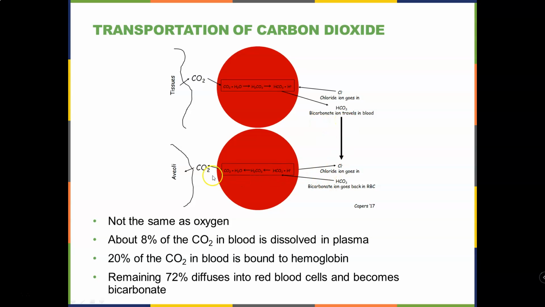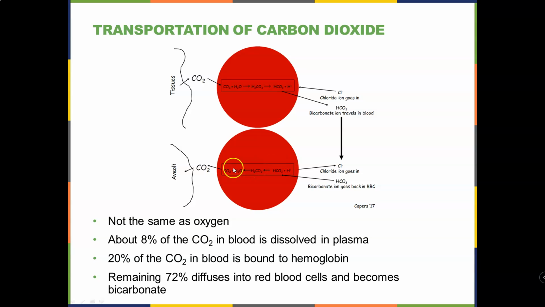And when we get to the lungs right here, where the partial pressure of CO2 is really low in the alveoli, CO2 starts dissolving out of the cytoplasm of the red blood cells and into the plasma of the blood, and from the plasma into the alveoli. So the CO2 is leaving, which drives all of this reaction. And this is an example of buffer chemistry because it's easily reversible.